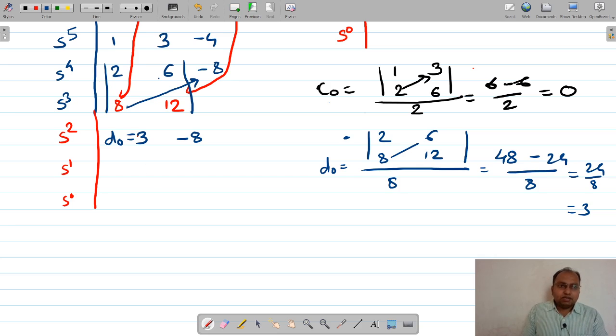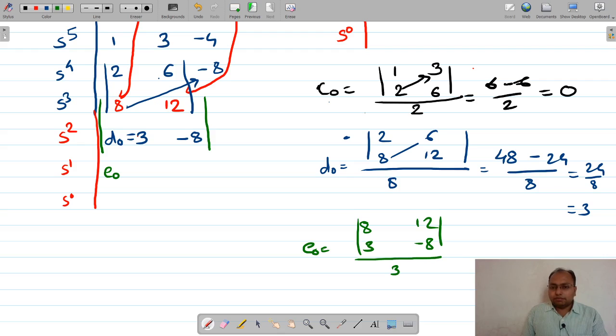Now next, if I want to calculate the other E0 and E1, so let us compute E0 over here. 8, 3, 12 minus 8, is that fine? Divided by 3. Okay, 12 3s are 36, minus minus is going to become plus because this minus is over here. Okay, 64 divided by 3.